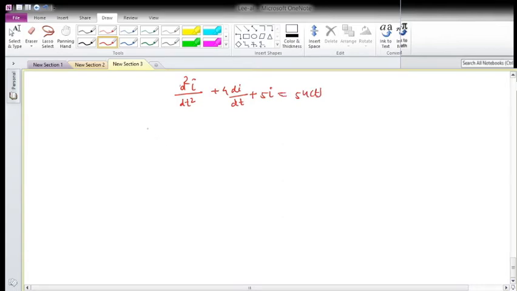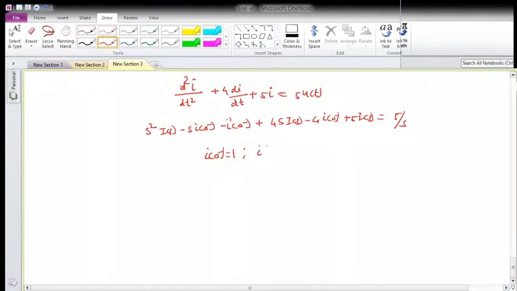So what it will be: s square I of s minus s I of 0 negative minus I dash of 0 negative, plus 4 s I of s minus 4 I of 0 negative, plus 5 I of s, which will be equal to 5 upon s. Now assume that I of 0 negative is 1 ampere and I dash of 0 negative is 2 ampere.